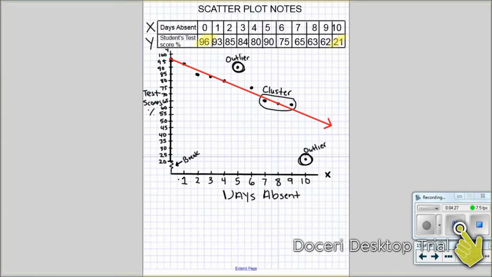Go ahead and use a straight edge and draw a line similar to mine. And again, we're going to label this a trend line, or it's also called a line of best fit. If you hear a trend line or a line of best fit, it means the exact same thing.